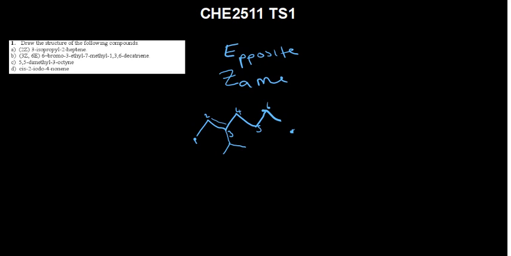We come on carbon number 2 and we look at the groups that are directly attached to it. The groups on carbon number 2 are a hydrogen, an invisible hydrogen here, and the methyl group on this side. Priority is assigned based on atomic number.